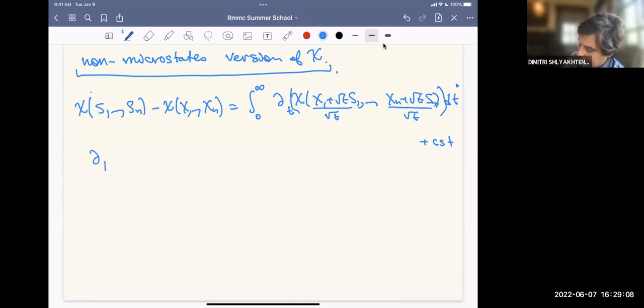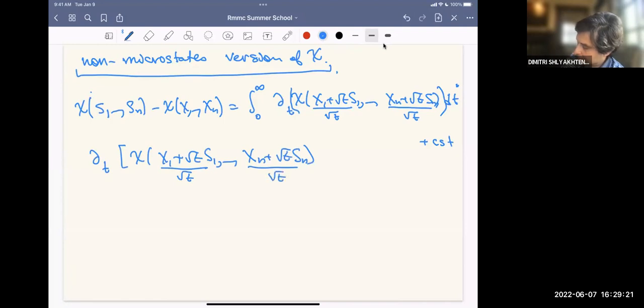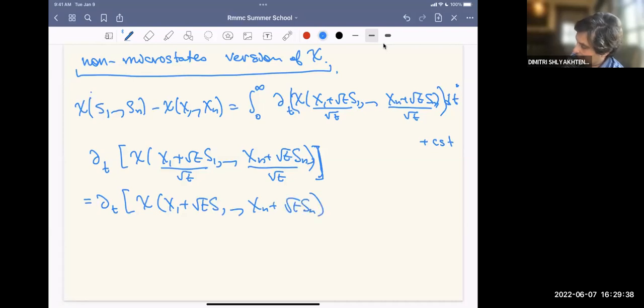Now, what is this: d/dt of chi of x1 plus root t s1, through xn plus root t sn, and then I have to divide by the square root of t. Well, first of all, it turns out that this is the same thing as chi of x1 plus root t s1, through xn plus root t sn, minus n log square root of t.